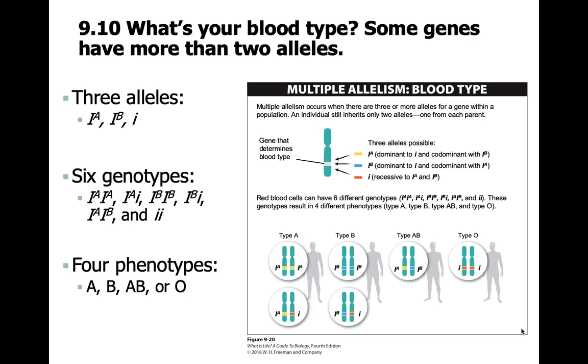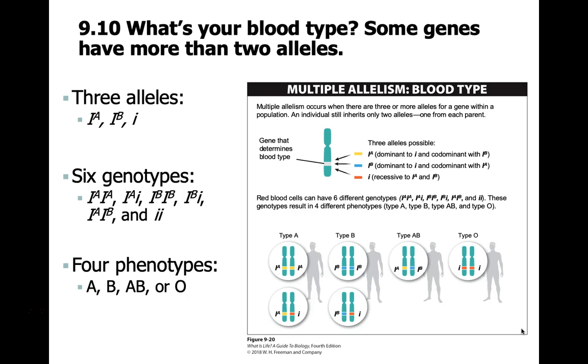But there are certain situations where, and actually many genes, display multiple alleles. Now the interesting thing with multiple alleles is that you can have normal dominance, you can have incomplete dominance, or you can have codominance, and that can differ depending on the alleles that you are looking at. So the most classic example of this is our blood type.